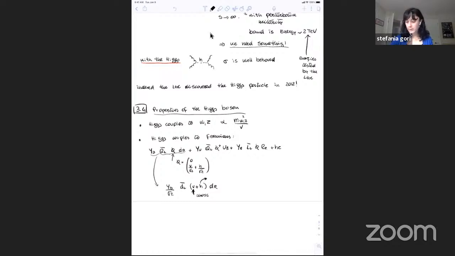And here you have a coupling of the Higgs with down quarks. And this coupling is once more proportional to the mass. So this will be the mass of the down quark over v. Okay, and similarly for all the other couplings of the Higgs with fermions. So we always find that it couples proportional to the mass.